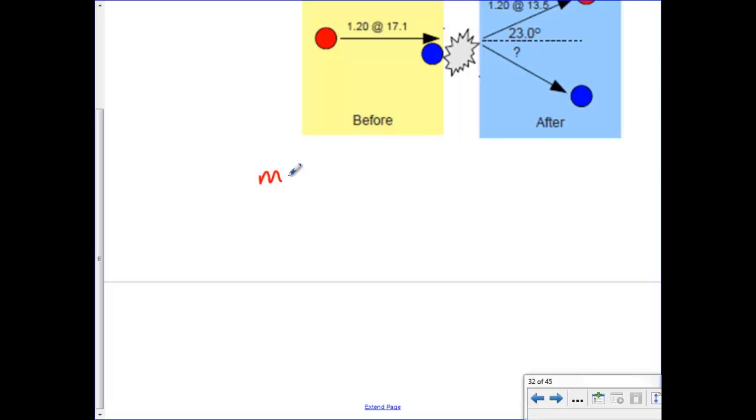So beforehand, you've got the mass and velocity of the red ball in the x direction plus the mass and velocity of the blue ball in the x direction should equal the red ball's x direction mass velocity.